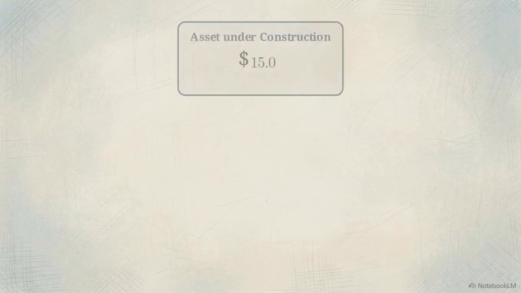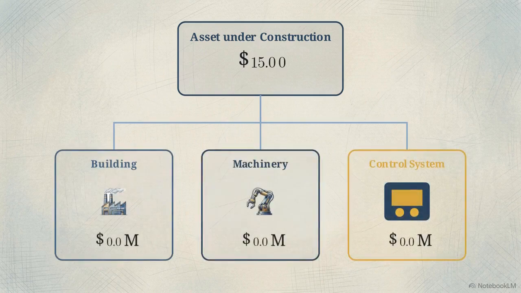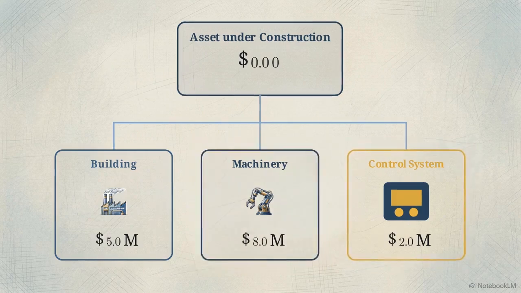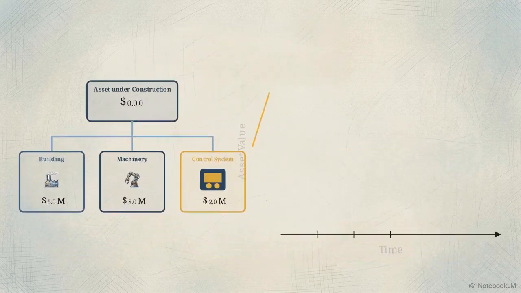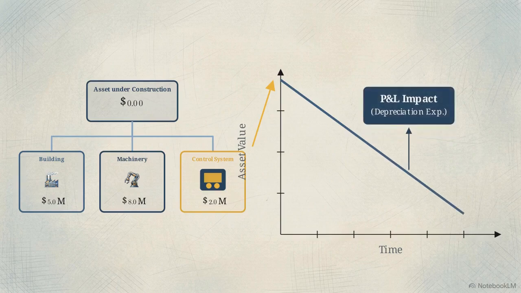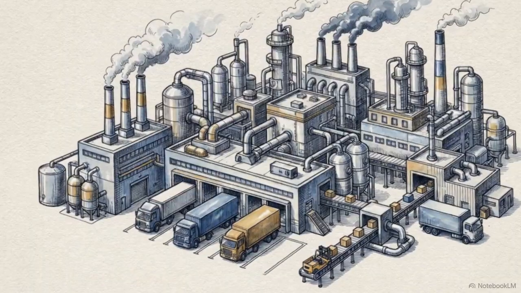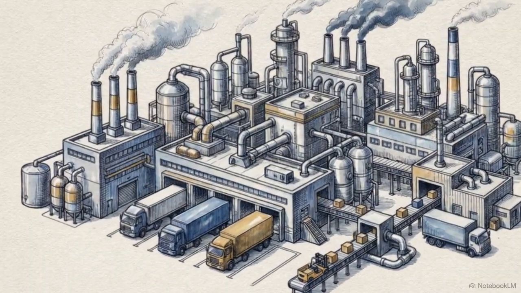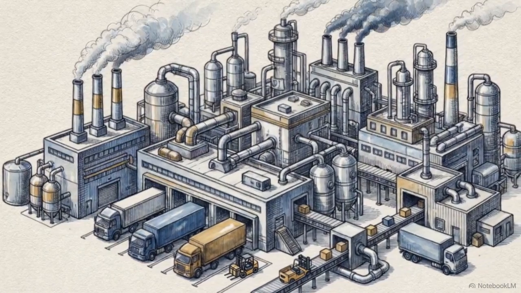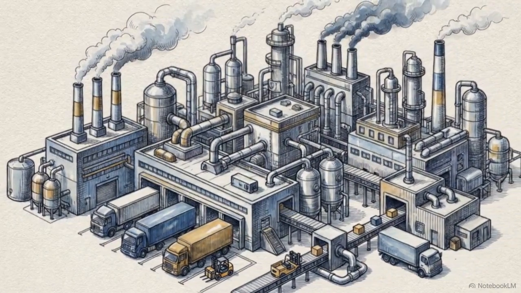Using percentage rules, the $15 million balance drains to zero, splitting into three fixed asset records: building, machinery, and control system. This initiates the handoff to asset accounting, where depreciation postings commence, mapping a downward curve impacting the P&L over time. The project has successfully transitioned from an active investment measure governed by AVAC into a passive corporate asset governed by statutory depreciation rules.